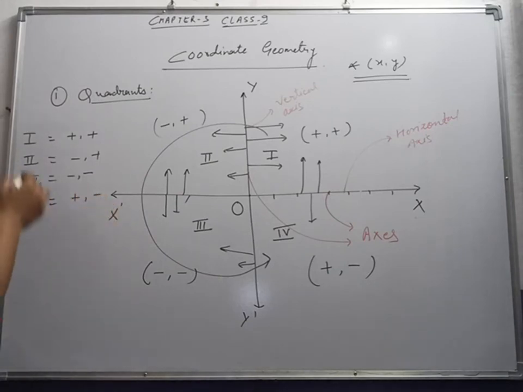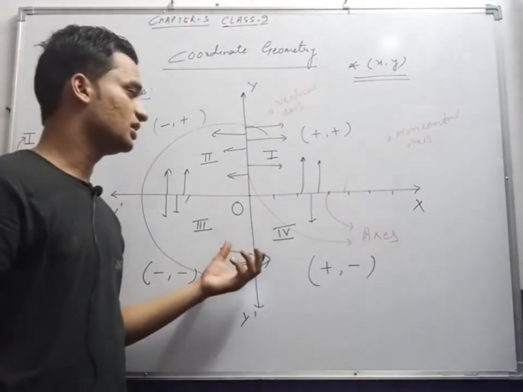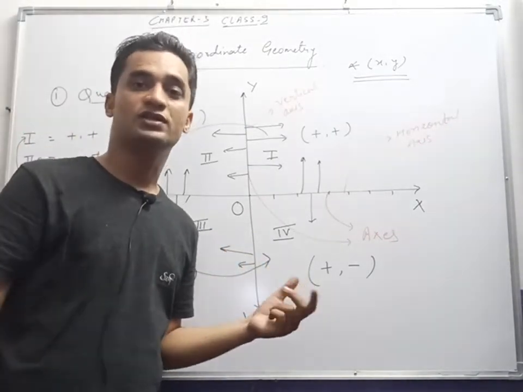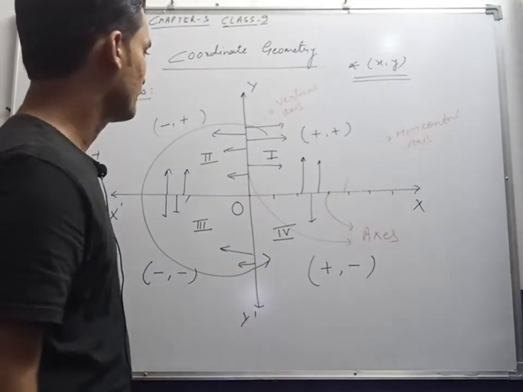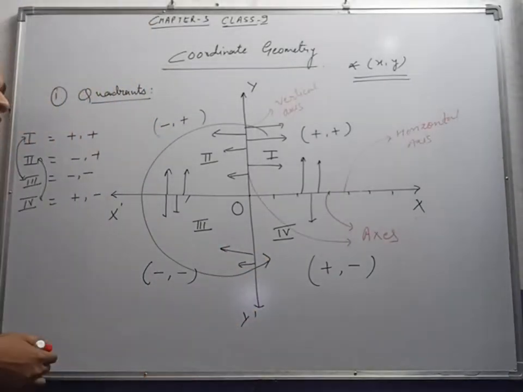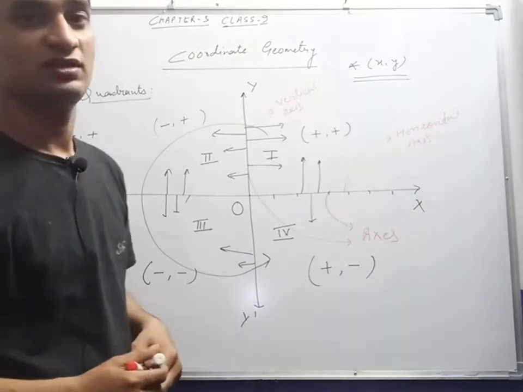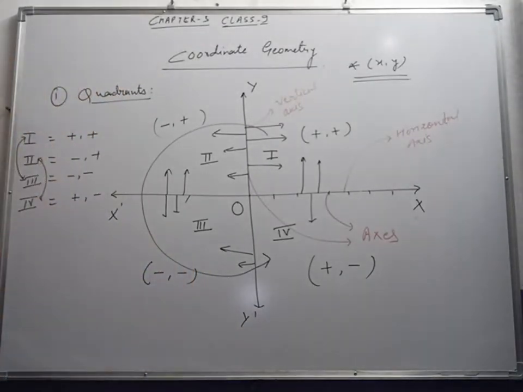To remember: odd-numbered quadrants have the same sign, plus plus and minus minus, and even-numbered quadrants have different signs. We will do questions on the basis of these signs. Now the second part is the origin. My first point was this, and the second point is the origin.